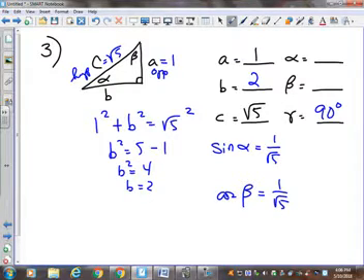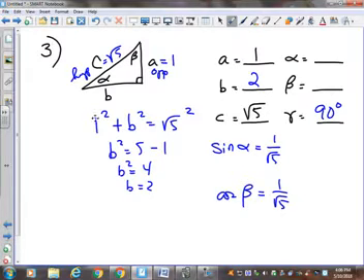Because the sine of one acute angle in our triangle is the cosine of the other angle. Let me start that over. The sine of one angle's ratio is the same ratio as the cosine of the other angle. And for tangent, it's the reciprocal. So that saves a little bit of time on setting it up.